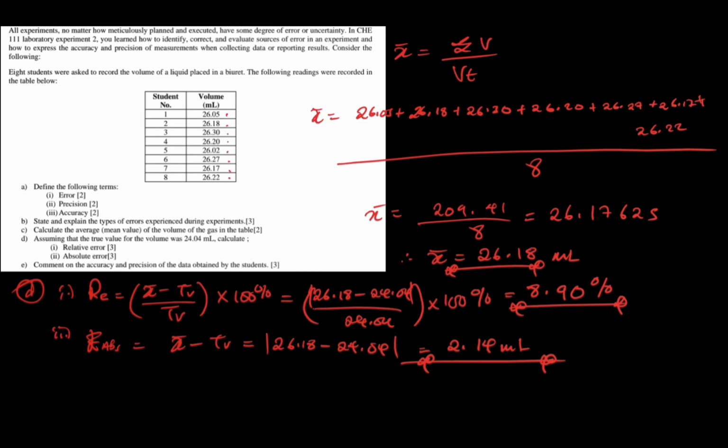Now they're saying comment on the accuracy and precision of the data obtained by the student. If you look at the data obtained by the students, you'll find that it's actually precise.